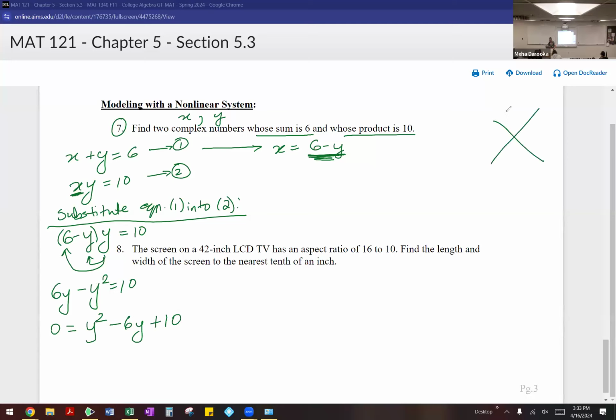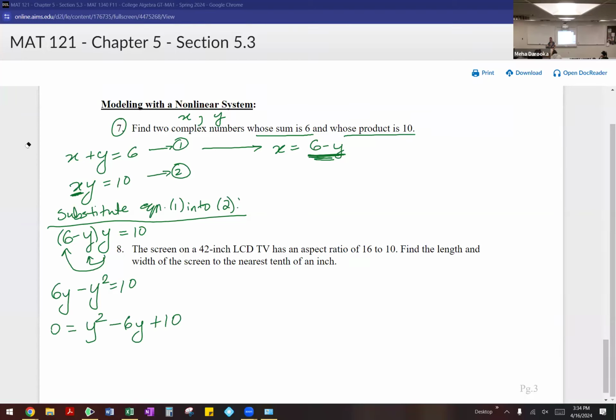Two numbers that would multiply to give me positive 10, but add up to give me negative 6. 10 is 10 times 1 or 5 times 2. Neither of those combinations is going to give us negative 6 when we add them, so we might have to do the quadratic formula. Okay, so this did not work.